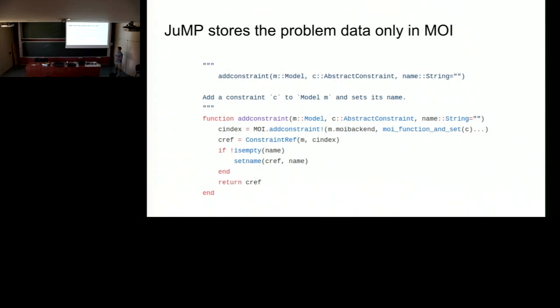So that has a few implications. When we add a constraint, this is our definition of add constraint. We really just call MOI add constraint on our backend, pass in the object information, set the name maybe, and return the reference. So we do not store an extra copy at the JuMP level.